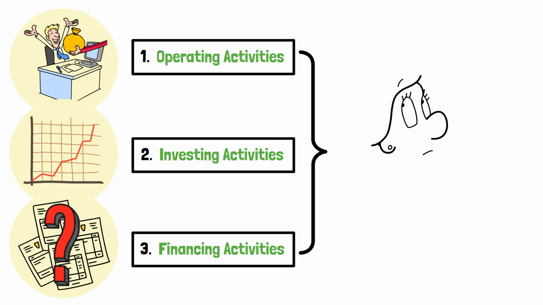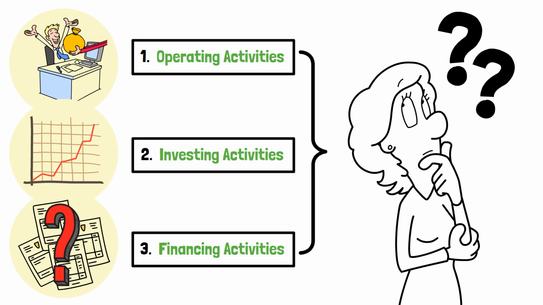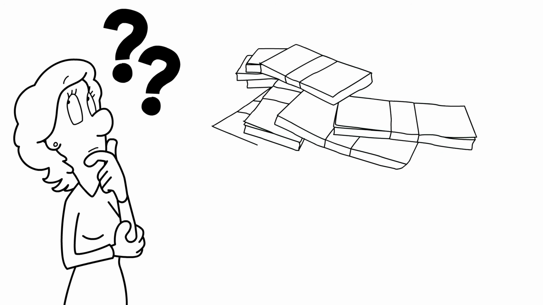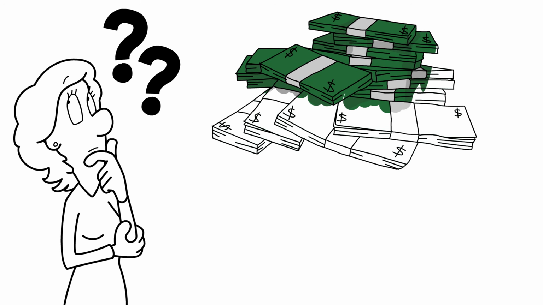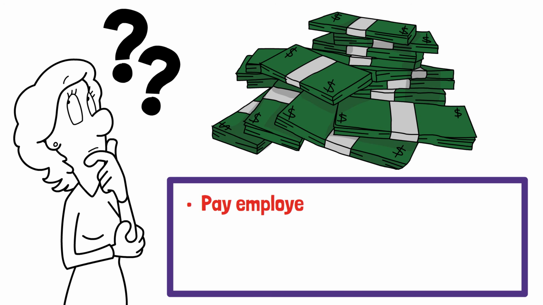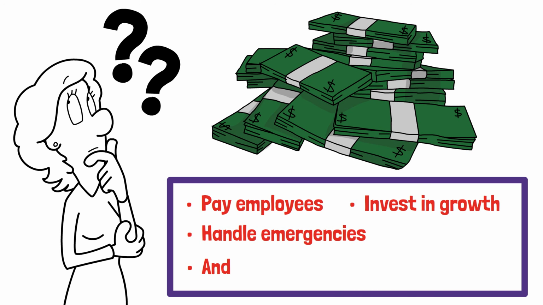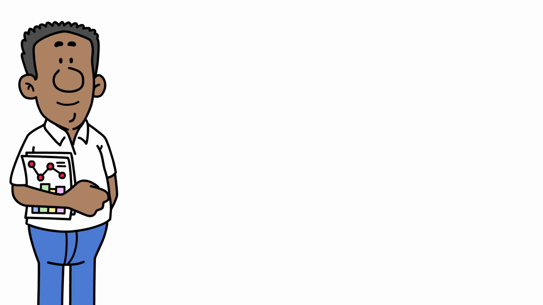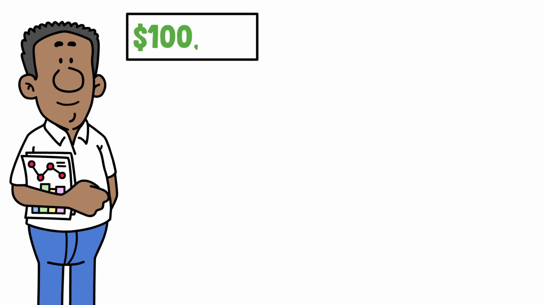But why is this so important? Because, as the old saying goes, cash is king. You need cash to pay employees, invest in growth, handle emergencies, and keep your business running. Let's look at it this way. Let's say you run a business and make a $100,000 sale today, but the client doesn't pay you for 90 days.